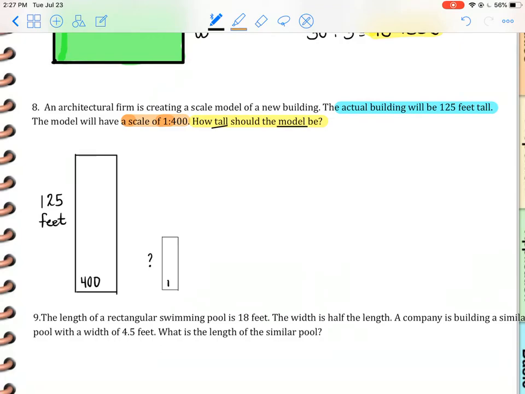this dimension right there. And I'll tell you what, I'm going to use an H for height, and I'll show you how to set this up the way you're familiar. So you have model, sorry, we're starting with mama. So actual building to model. It doesn't matter, guys.